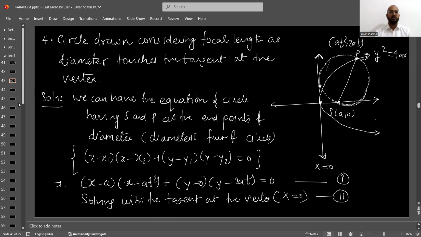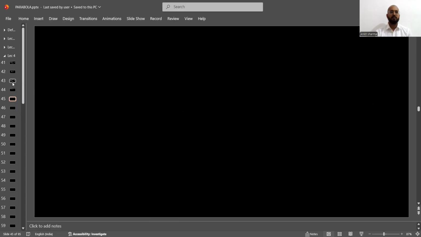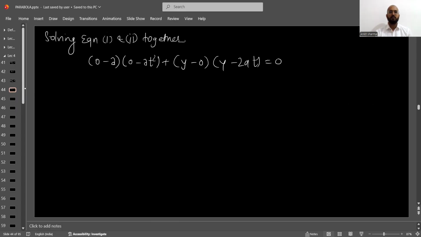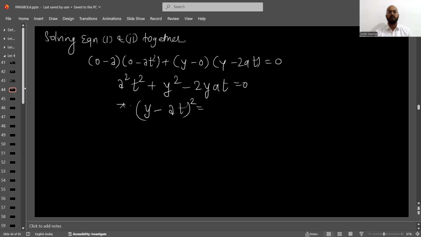Now let's open this. So this turns out to be a square t square plus, if I multiply here, y square minus 2yat is equal to 0. This can be further written as y minus at the whole square is equal to 0.